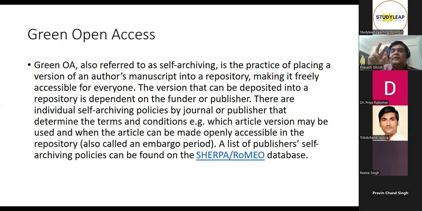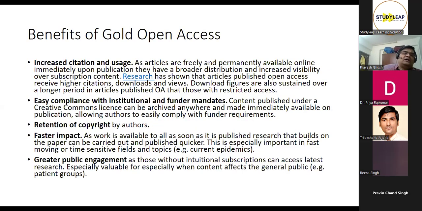What is an embargo period? You have seen that some journals, after 60 days of publication, make it open access to all. But that 60 days embargo period is decided by a website or database called Sherpa Romeo, right? So you will see the journal will tell you to go to our Sherpa Romeo and see what our policy is, right?